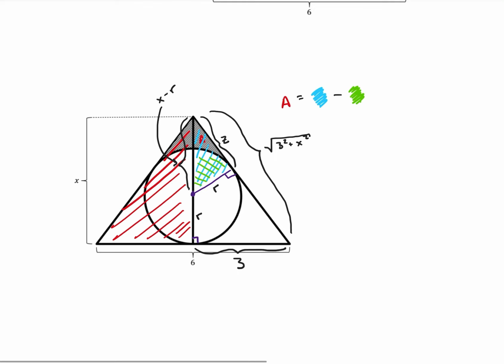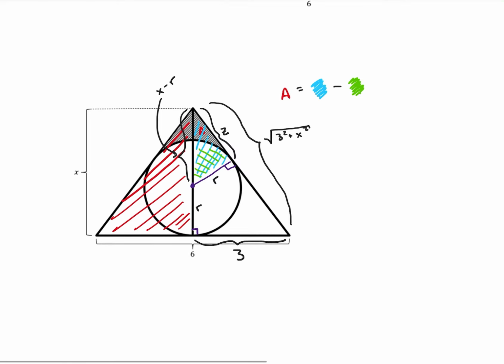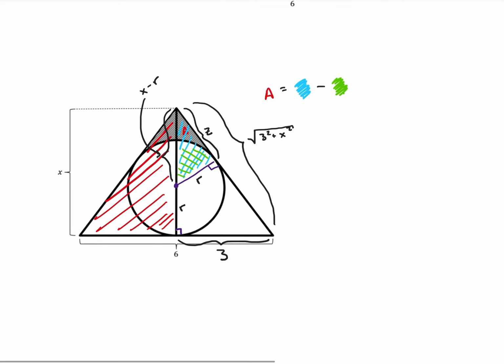I did say that I have this overall area here in the upper portion of my triangle, and that's what I'm going to focus on. So I'm going to go ahead and draw that out here. That's a right triangle, and I have this portion of the circle that's coming up as well, and I could continue this circle around.